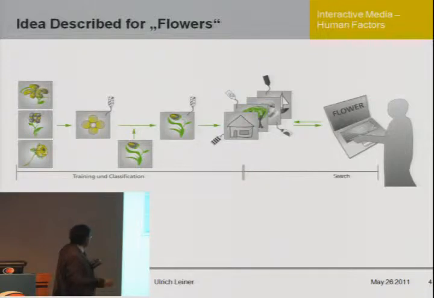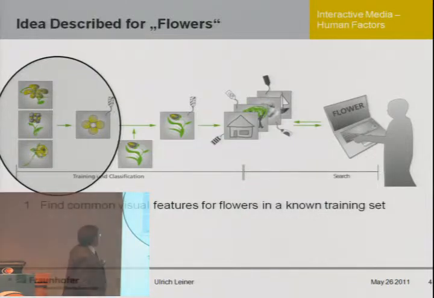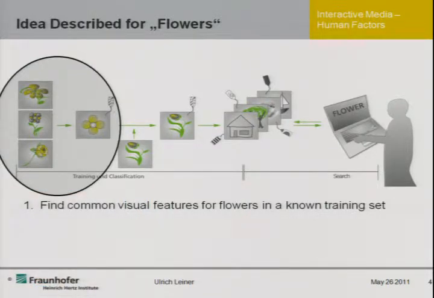It's a 3-step approach. The first step is the training phase. Find common visual features in a known and manually annotated set of images of flowers. And then you can give something that makes it a flower, and that is symbolized by the tag.